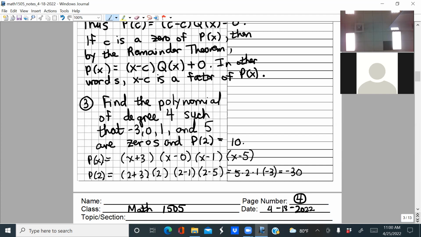So we may think that they've given us an impossible condition here. We might think there's just no way, so maybe the answer is that no such polynomial exists. Or is there some other way that we can alter this formula so that P of 2 will be equal to 10, but we cannot change the factors?